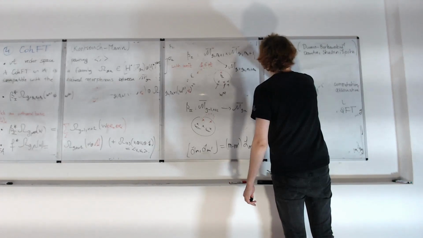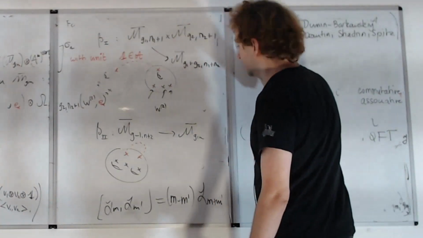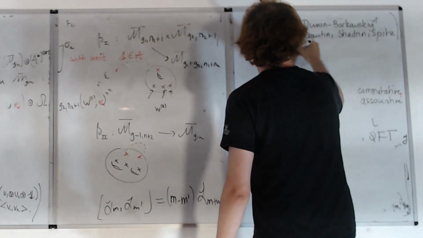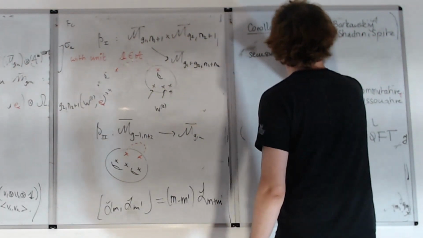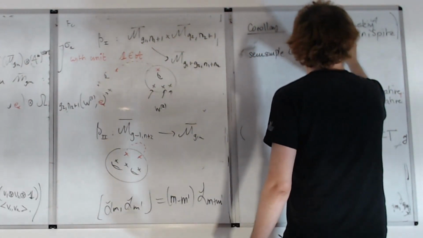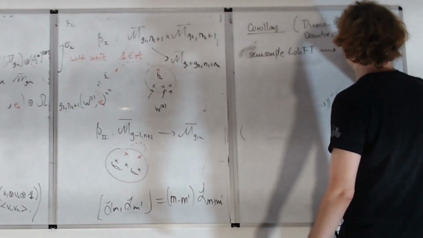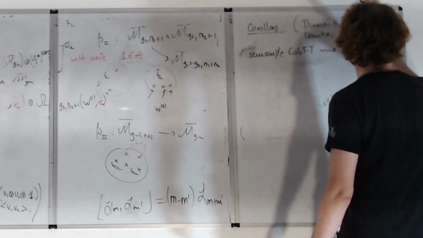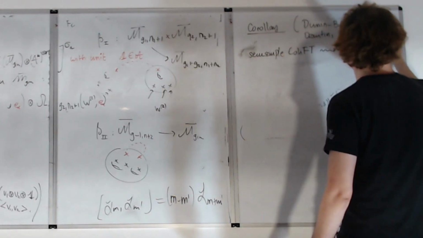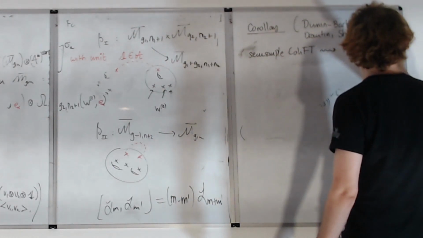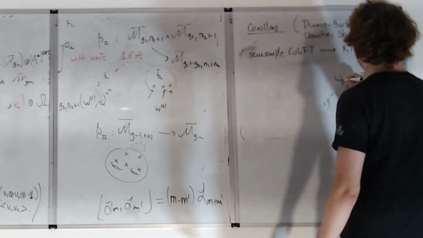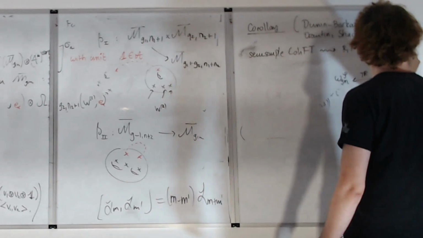So maybe I can put like that, semi-simple CohFT. To a semi-simple CohFT, you have an R and T. And to that, you can attach a spectral curve. So that by TR, you get a collection of omega g,n's.